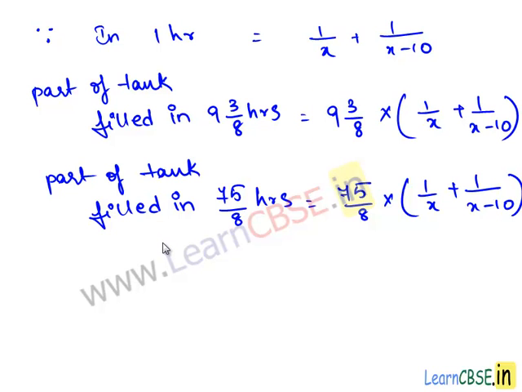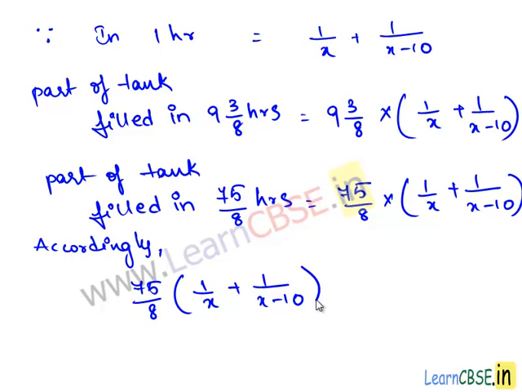But according to the question, the two taps together can fill the entire tank in 9 3 by 8 hours, that is 75 by 8 hours. So accordingly, the equation that we can frame is 75 by 8 multiplied by 1 by x plus 1 by x minus 10 is equal to the total tank that will be filled in 9 3 by 8 hours, that is 1.